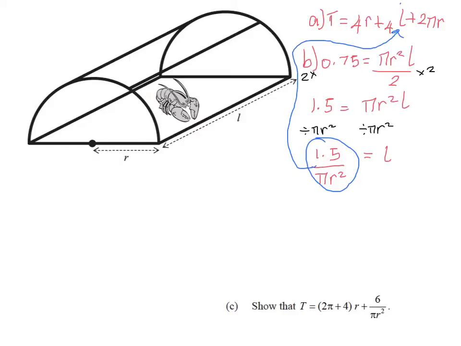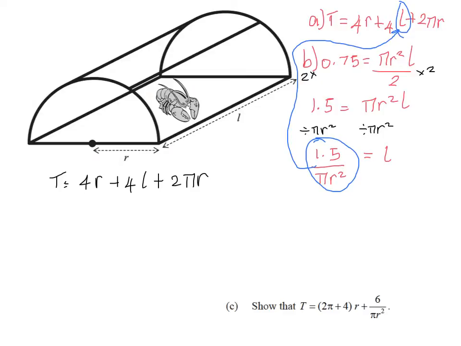So I'm going to take that L out and put that expression that's written here in its place. So originally, when we did question A, we got that T was equal to 4R plus 4L plus 2 pi r. That's what I have in the first line. That's what we did originally.